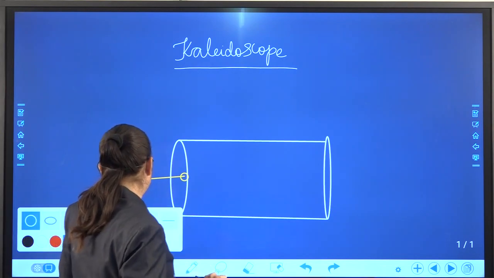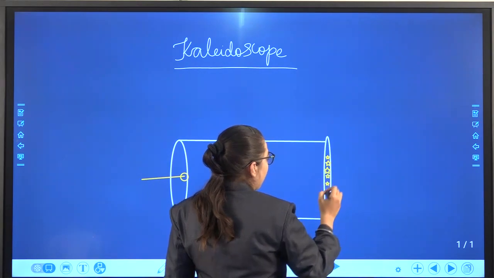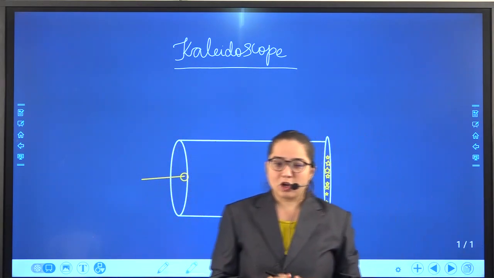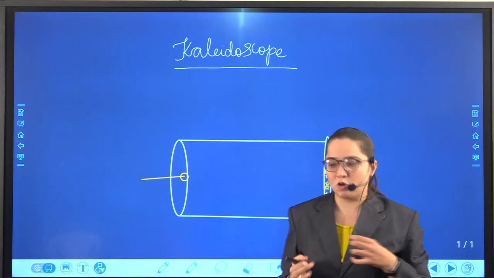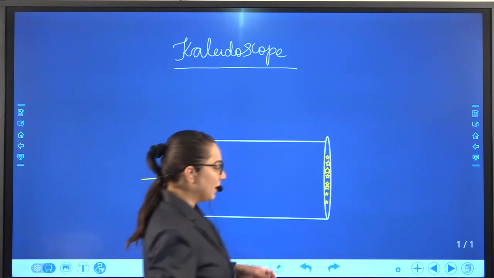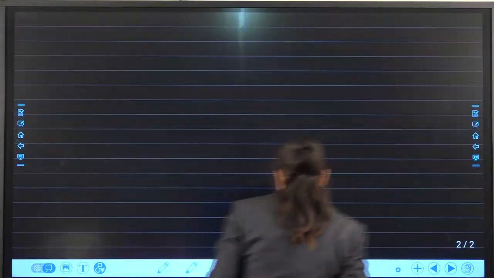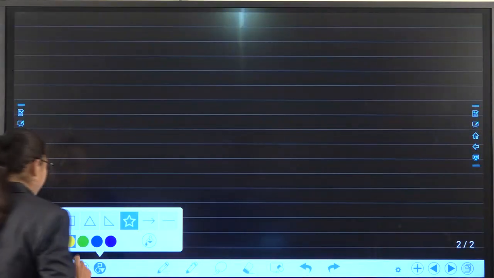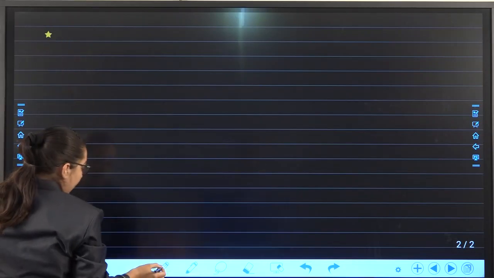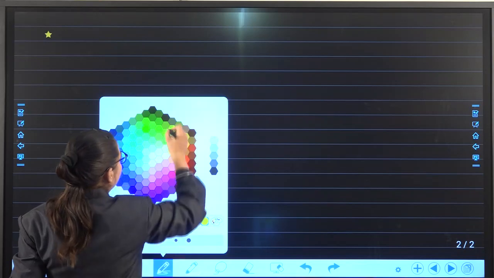And what do you see over here? Here you see beautiful patterns. Now how are you able to see those beautiful patterns? It is because of the concept of the kaleidoscope. Now what is its basic principle? It works on the principle of multiple reflection.